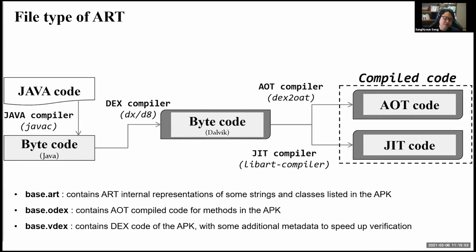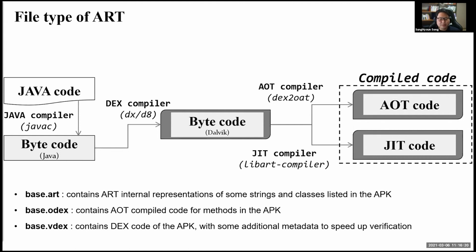On a mobile device, there are three files in the application directory that store the AOT code and bytecode information. The first one is base ART. The file contains ART's internal representation of some strings and the class list in the APK, used to boost application startup time.